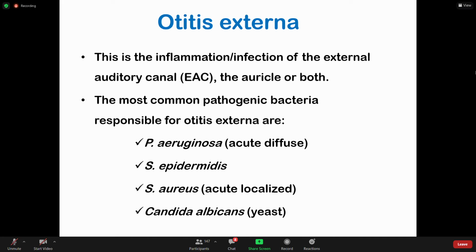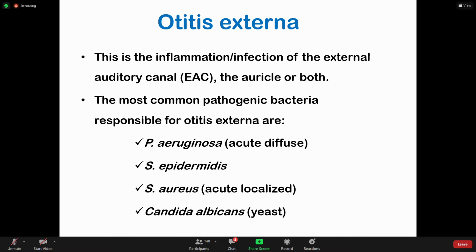With otitis externa, the most common pathogenic bacteria responsible include Pseudomonas aeruginosa, and these tend to give the acute diffuse clinical presentation, particularly in patients with diabetes mellitus. Staph epidermidis and Staph aureus are also important agents.